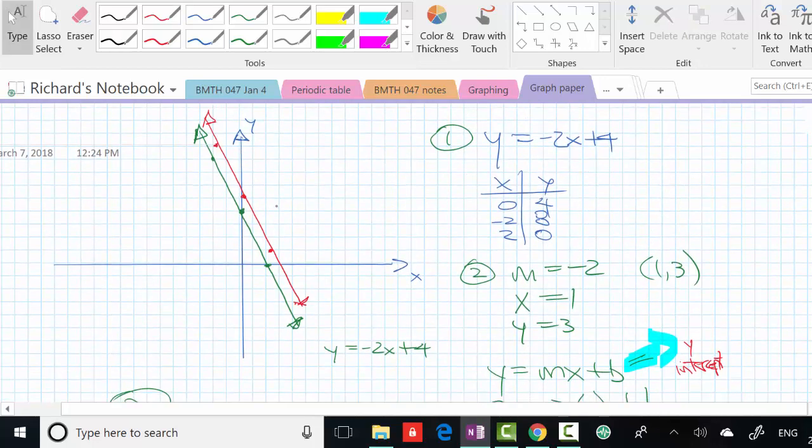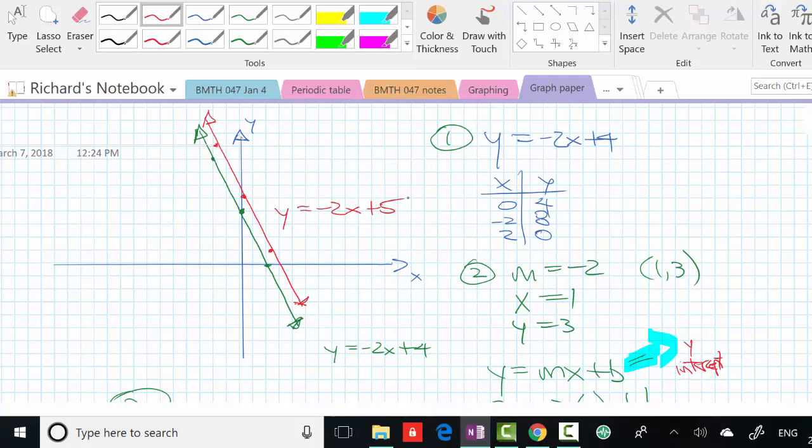So I'm going to write that. On a test, you need to label all of the equations that you are graphing. You don't have to use color, but you have to indicate which line that you've graphed is for which equation.